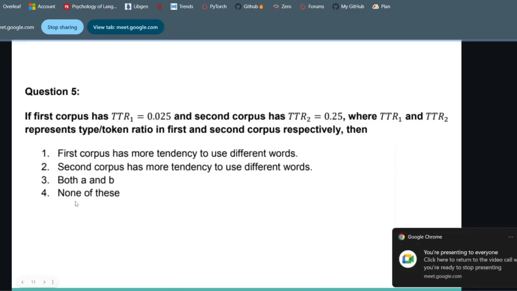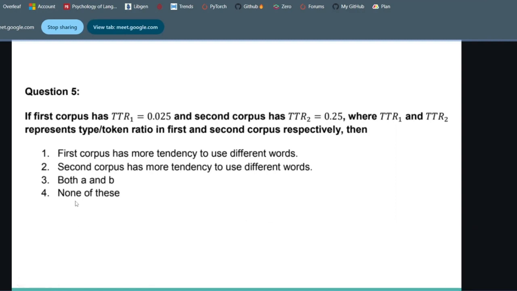So here it says that the first corpus has a TTR value of 0.025, the second has a value of 0.25. We need to comment on the sentences that are given. We have certain sentences given, and we have to say which of them are true, which of them are correct. So please take a minute or two to think about the problem, and then we'll discuss it.